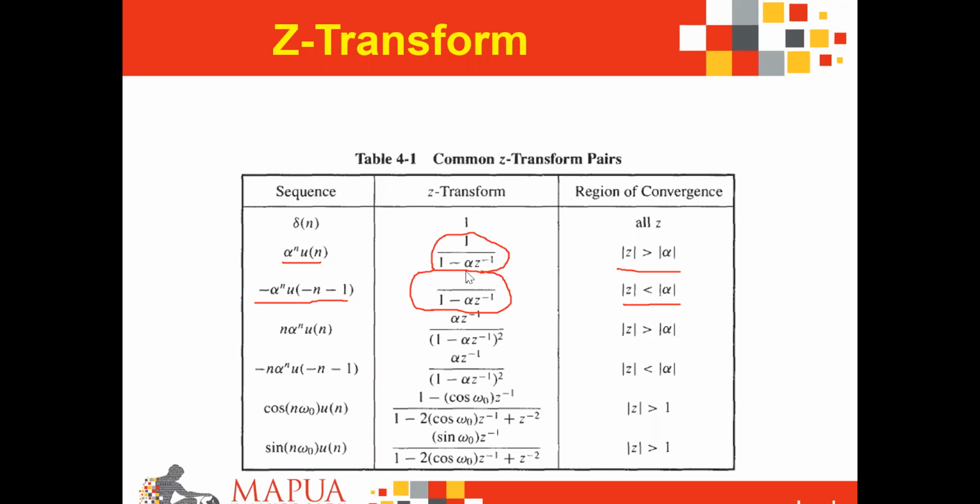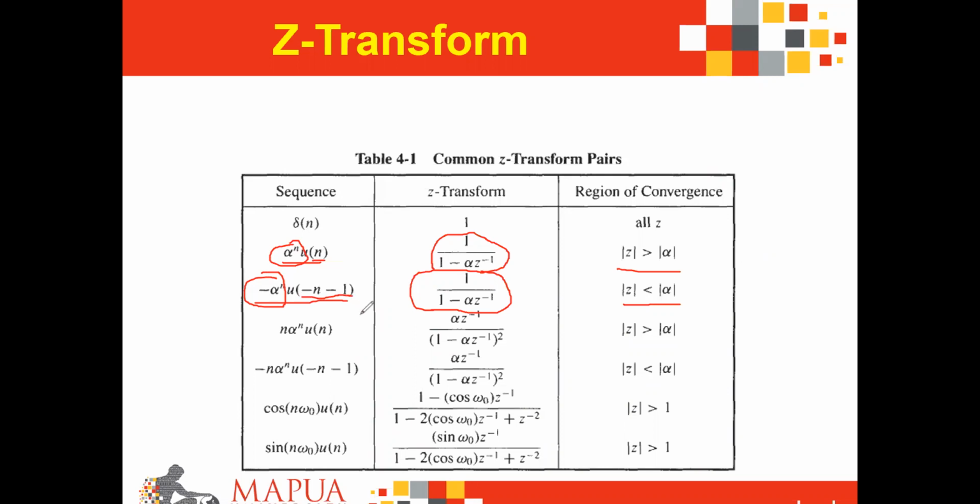Okay, so we'll show the derivation of these terms. That way you would know. Take note, this is the same signal, only negative of alpha to the n, so it's only negative. Then what happened to our signal? It was flipped and then shifted to -1.